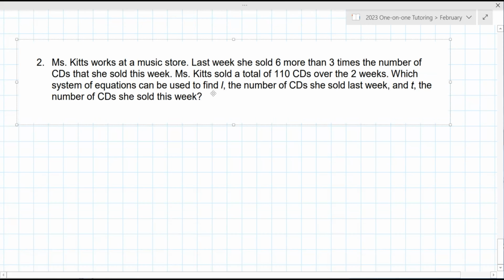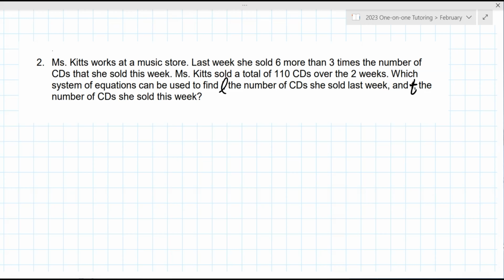Last week, she sold 6 more than 3 times the number of CDs than she sold this week. Miss Kitts sold a total of 110 CDs over the 2 weeks. Which system of equations can be used to find L? You don't have to use these letters, but for this one we will. L, the number of CDs she sold last week, and T, the number that she sold this week. So there are 2 equations.